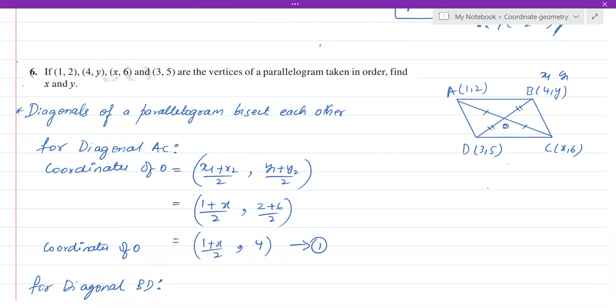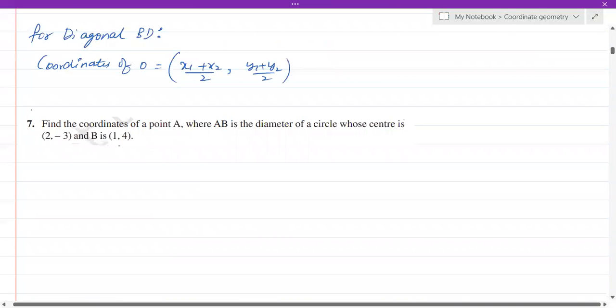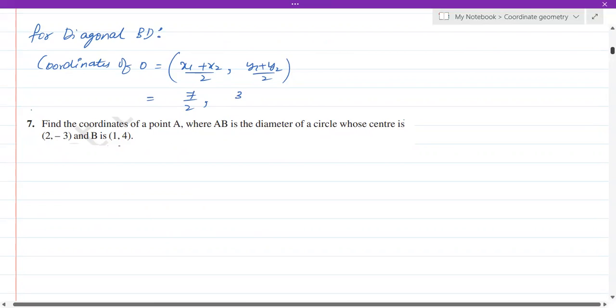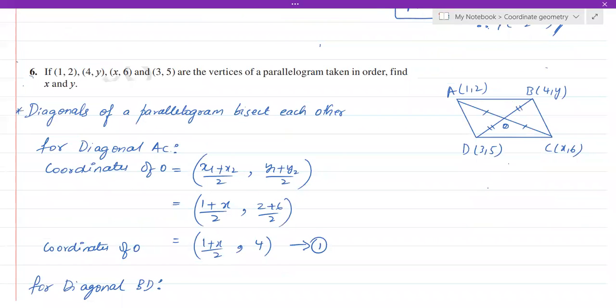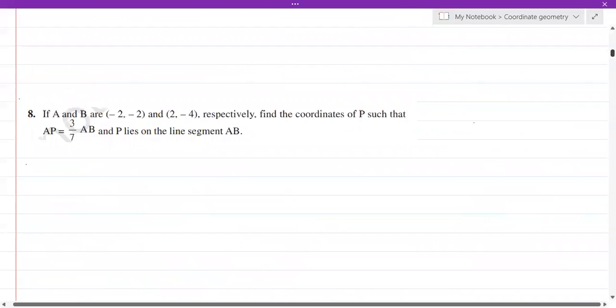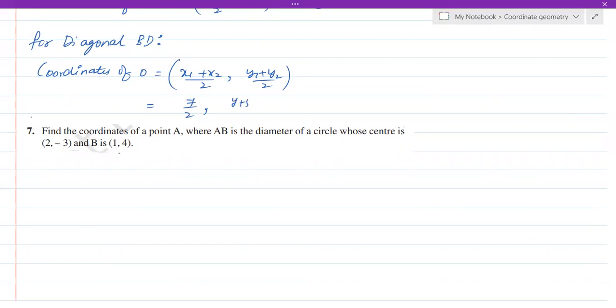So 4 plus 3 is 7 by 2, comma, y plus 5 divided by 2. This is also coordinates of O.